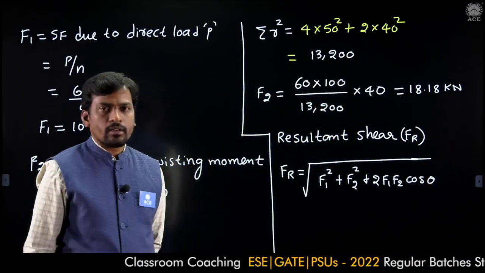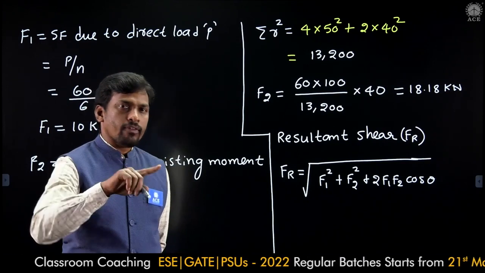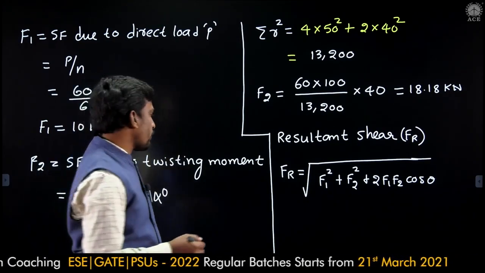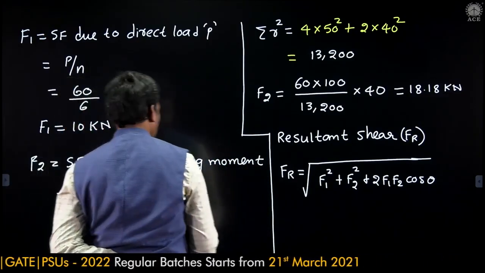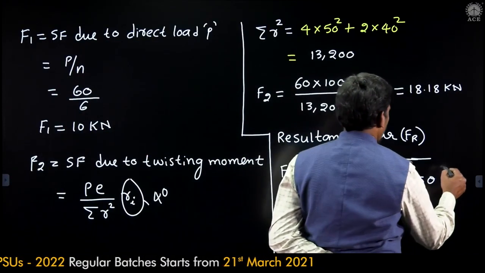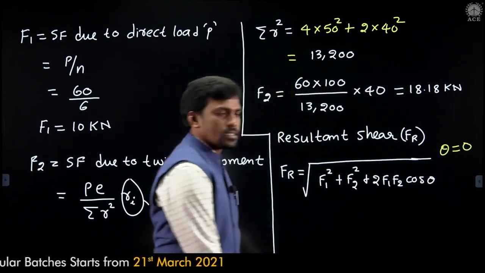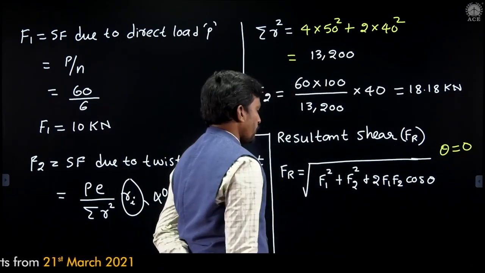Okay, what is theta? This theta is the angle between F1 and F2. What is the angle between F1 and F2 we got? It is 0, right? Okay, so the angle between F1 and F2 we got 0, please. If theta is 0, then cos theta is 1, right?